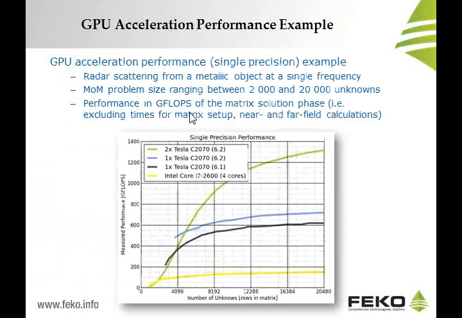Here is an example of the performance gain that one can achieve, and it's a bit like comparing apples and bananas. One is comparing different things. We compare one specific CPU, an Intel Core i7-2600 with 4 cores, so we run on all the 4 cores, and compare it to an NVIDIA Tesla C2070 graphics card.